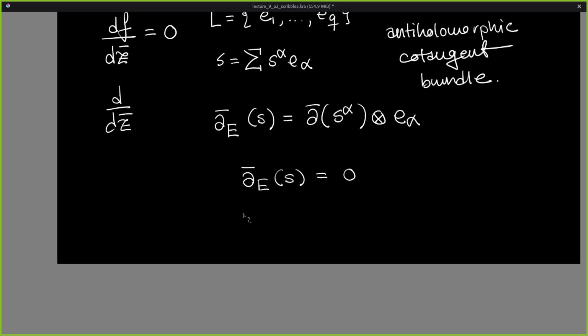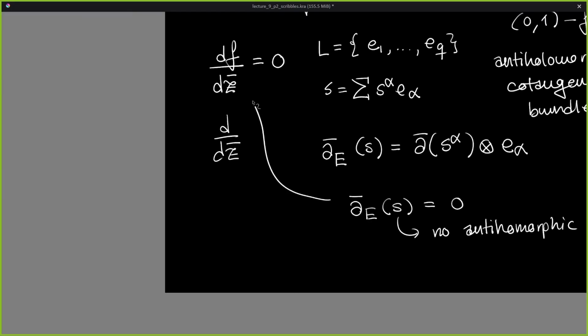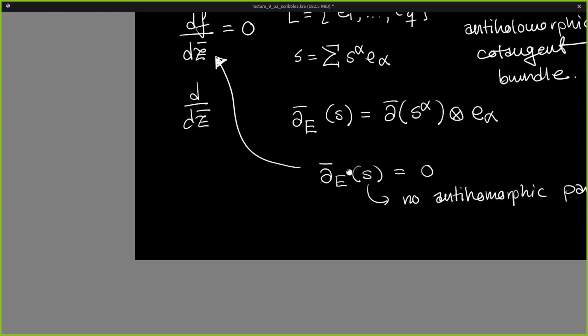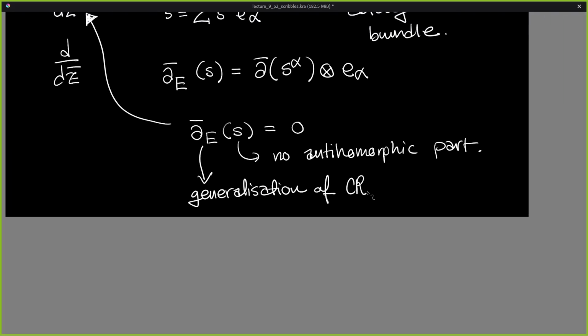This means that S doesn't have any anti-holomorphic part, which is the same thing this equation is telling you, and this is a generalization of the CR equations, the Cauchy-Riemann equations.